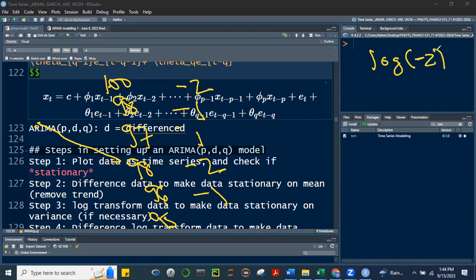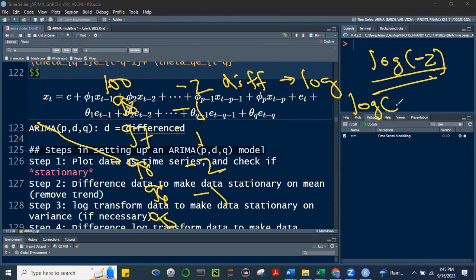So take note, this is difference first, and then log. Could you kindly get the log of negative 2? Here in the console, type log negative 2. Tell me what value you are getting?